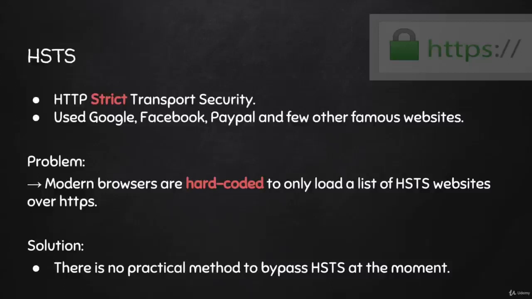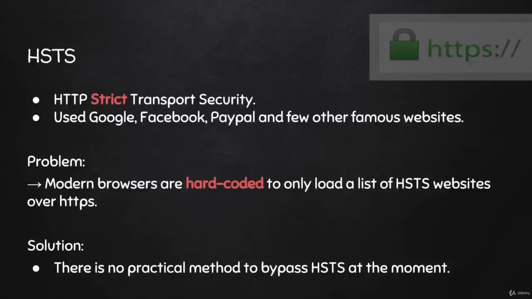Now, HSTS is used by Facebook, PayPal, and Gmail, for example. And basically, the way this works is the browser at the victim, at the target, comes with a hard-coded list of websites that it should only load as HTTPS.